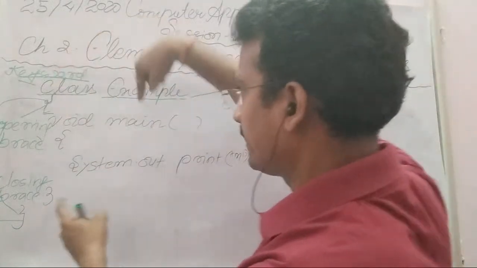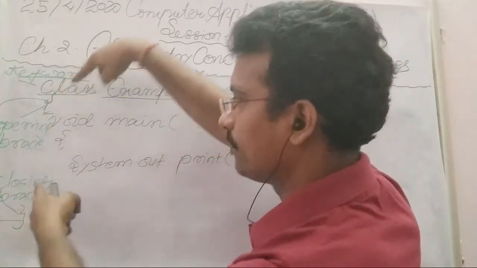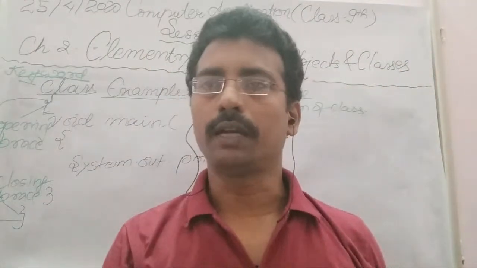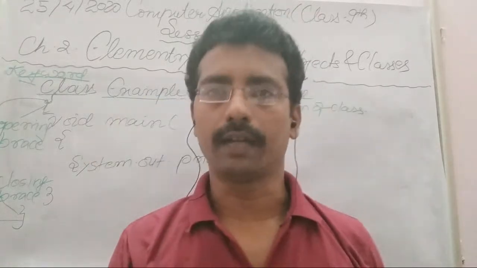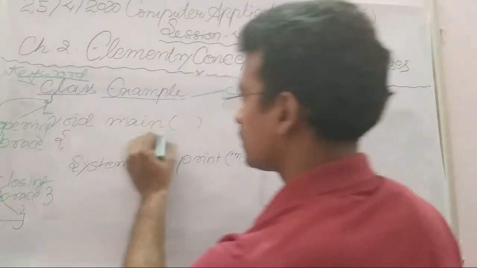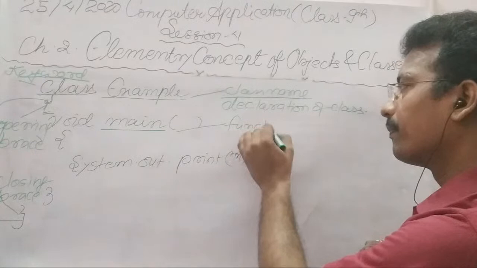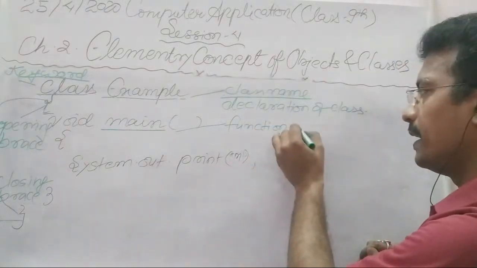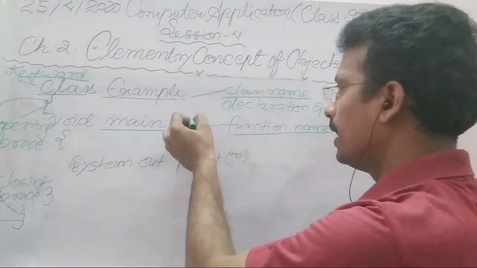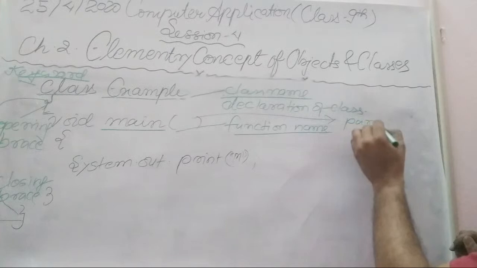This Example class will start from here and go up to here, and whatever is written inside will be the statements, the property of the class. Is it okay? Next, this is the function name, or function declaration, and this is called parenthesis.